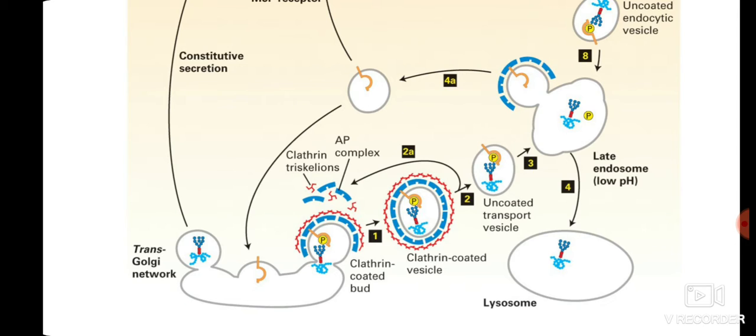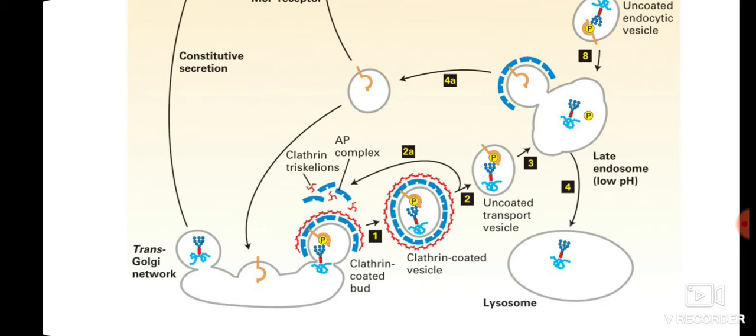Sorting means distributing, or in other words separating the protein molecules based on the signal sequences available on them, and making sure that this particular protein is transported or moved to the specific address.